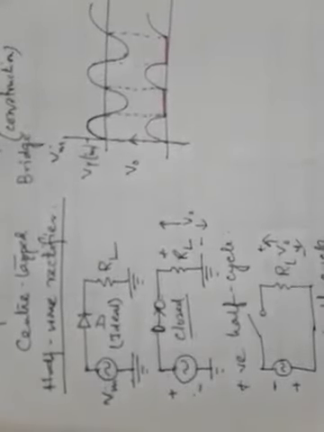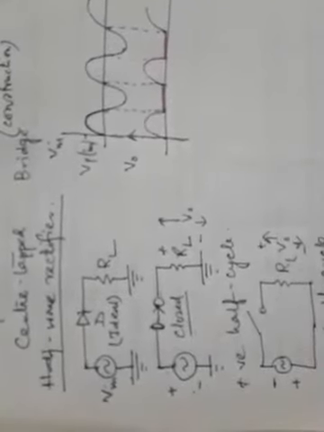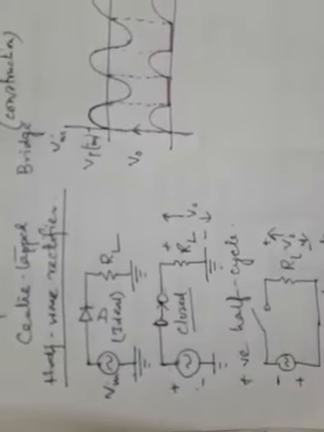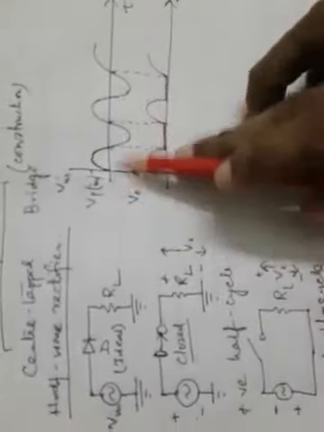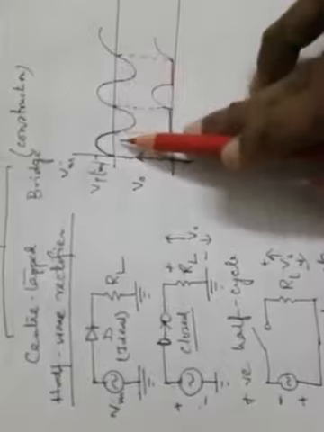Now the input waveform has a 0 DC or average value. Why?